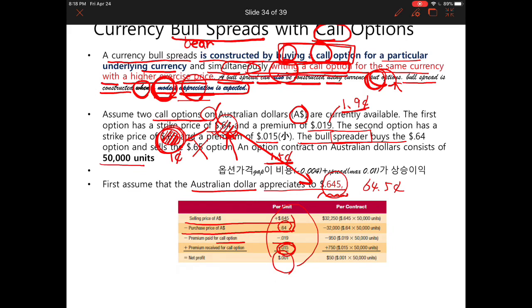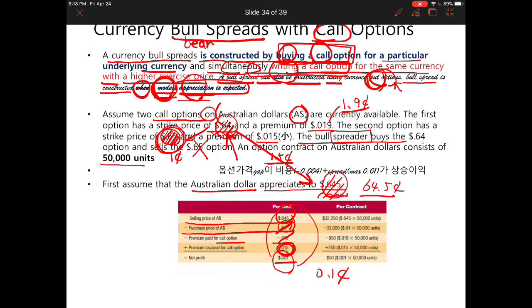So there are two costs from exercise from the first call option he purchased, the revenue from selling the underlying asset acquired by exercising the first call option, and the premium he paid for the second option. His net profit becomes 0.1 cent if the price becomes 64.5 cents.